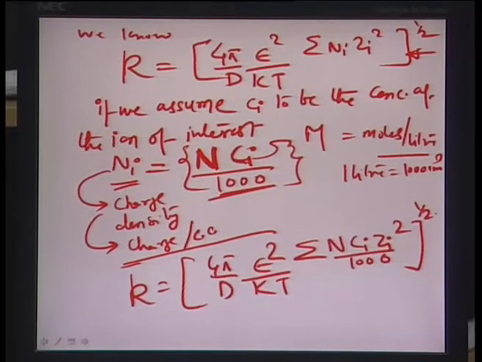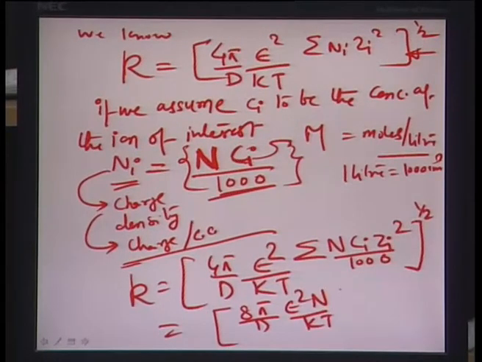We can do a further simplification and write this in terms of 8 pi d epsilon square n by kT times half sigma Ci Zi square, whole to the power of half.